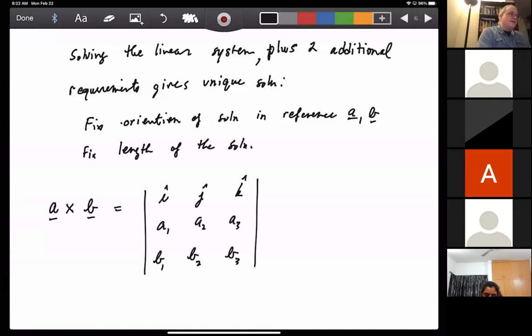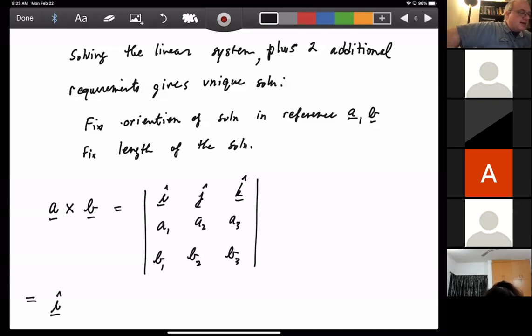This is not really a determinant because I've got two different types of entries: the vectors i hat, j hat, and k hat, as well as the numbers A1, A2, A3, B1, B2, B3, which are the components of my vectors A and B. But determinants are involved in the background, because we're solving a linear system. With these extra requirements, we can use this particular determinant as a device to help us remember how to write down the solution of that system.